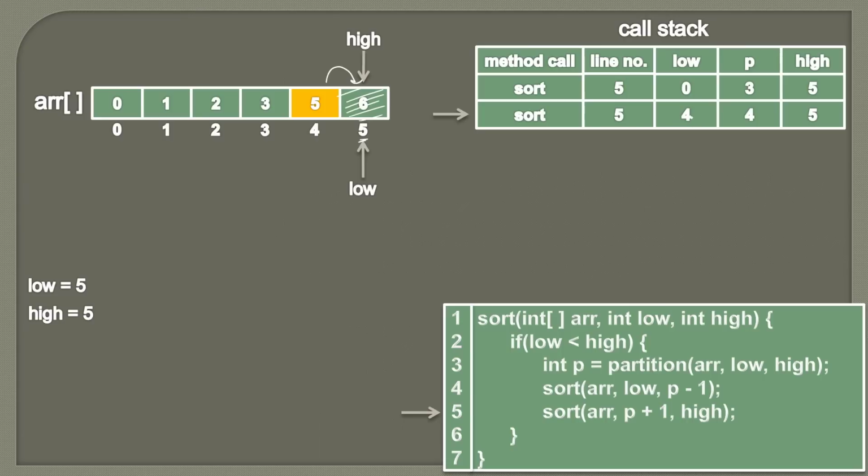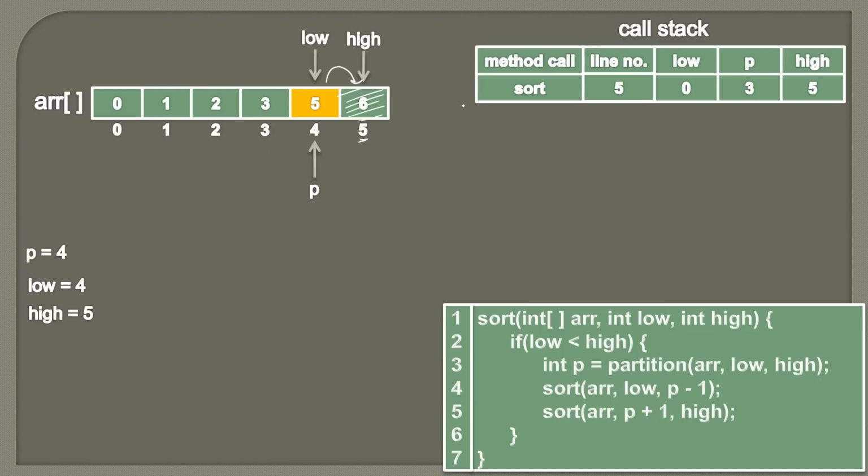And at that moment, low, P and high were at 4, 4 and 5th index. So we reassign them their indexes like this. And as there are no more steps left to traverse for this sort method, so this sort method will also be removed from the call stack, and the execution point will reach here.